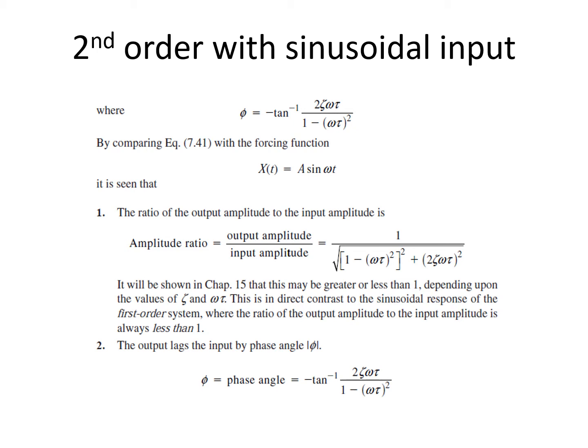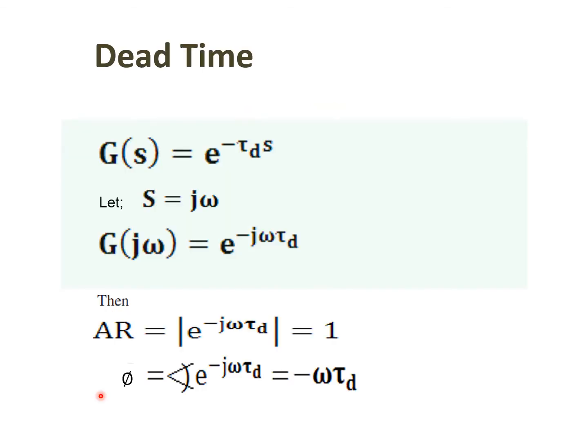That's what we've done: we're converting from the Laplace transform into the frequency domain, just by inputting a sinusoidal input into the system. Same thing here for dead time. If you put s equals j omega into dead time, you get this transfer function, and this basically shows that AR equals 1.